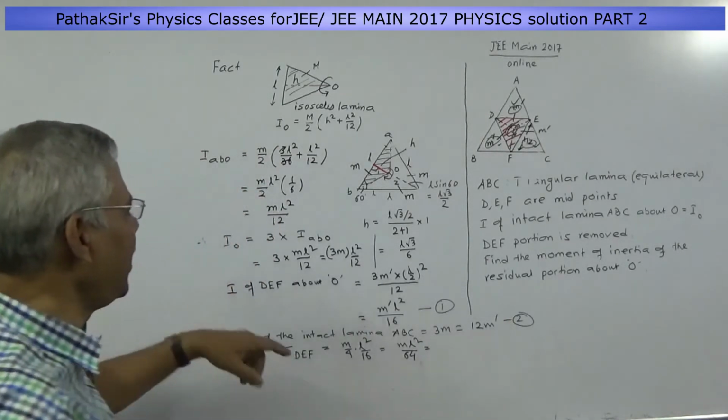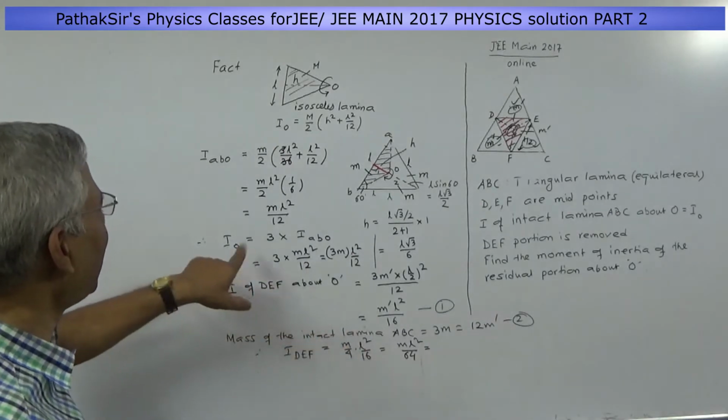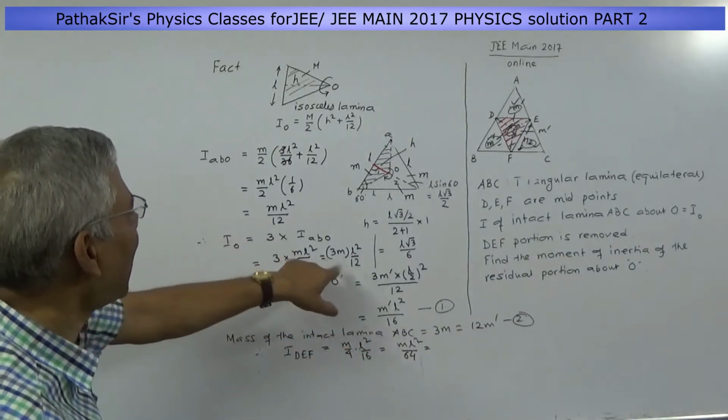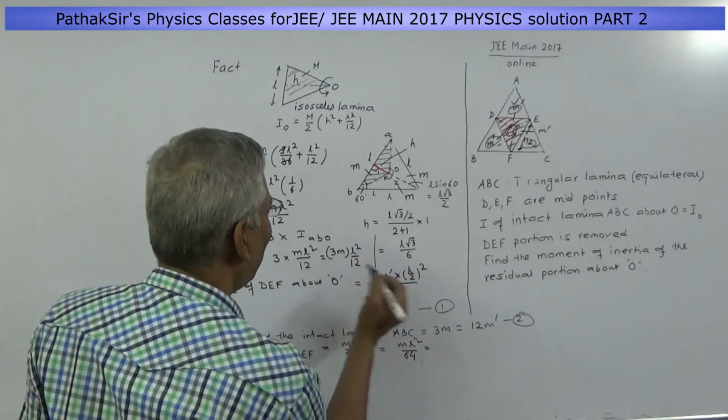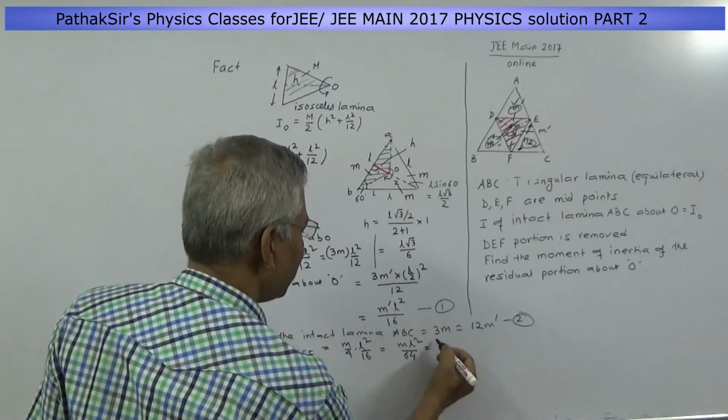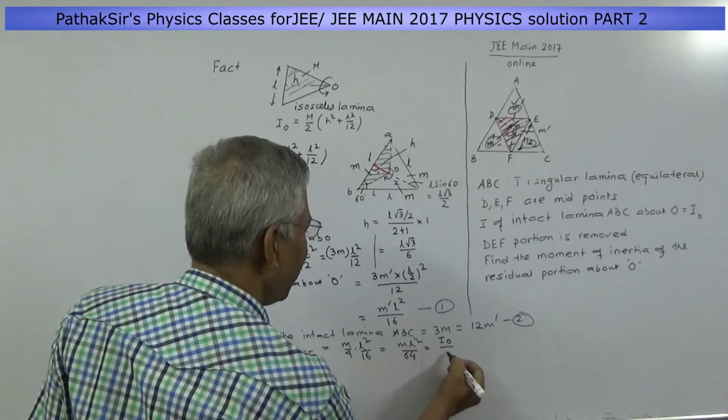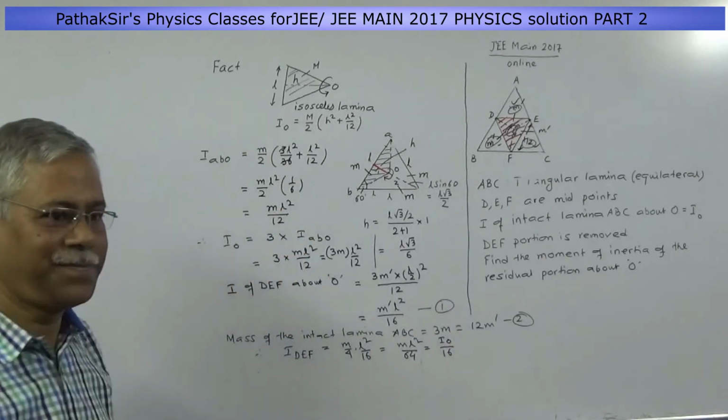Now what is I naught? I naught is ml square by 4. So ml square by 64 means I naught by 16. Can you write this?